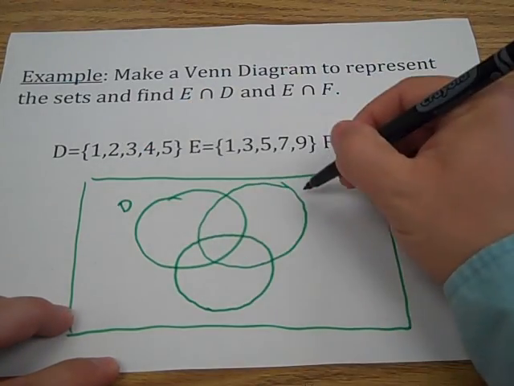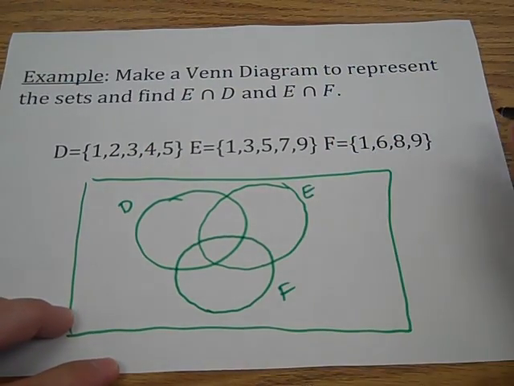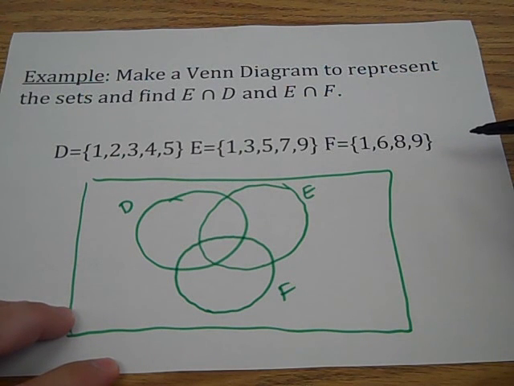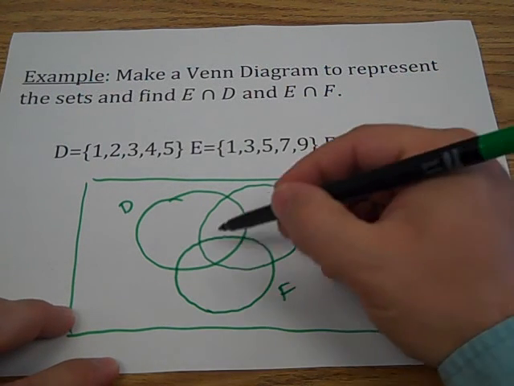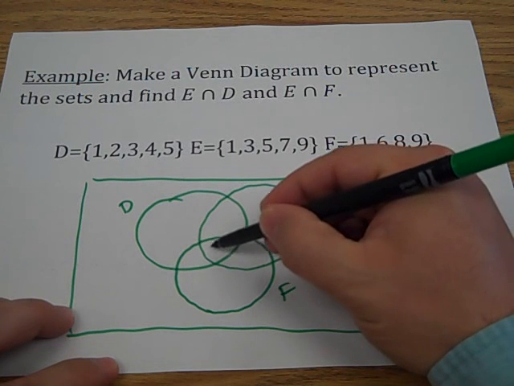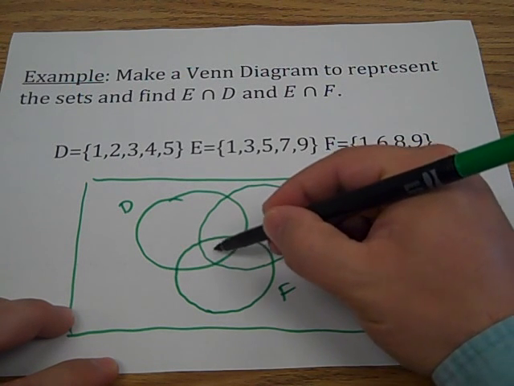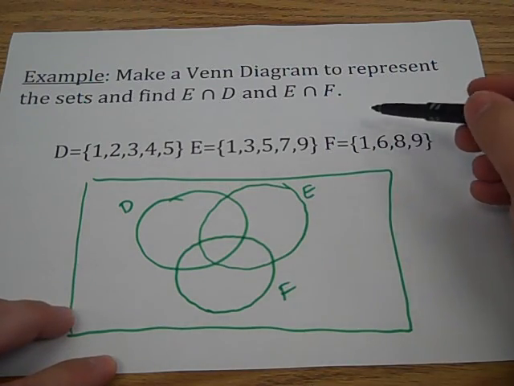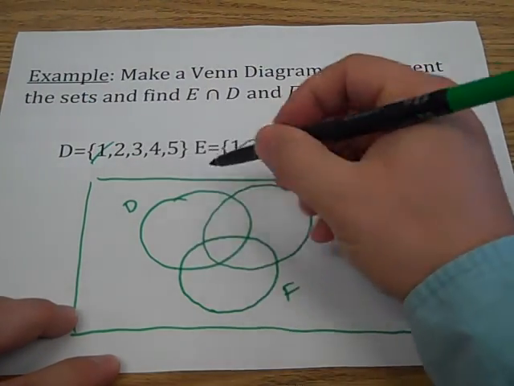We'll call one D, one E, and one F. And then we can put the numbers that are in each set in the appropriate place. This spot right here in the middle where all 3 circles overlap, that's where we're going to put all the numbers that are in all of them. So 1 is in all 3.